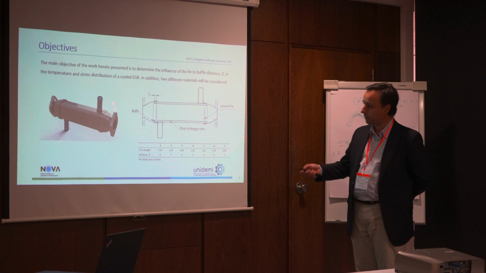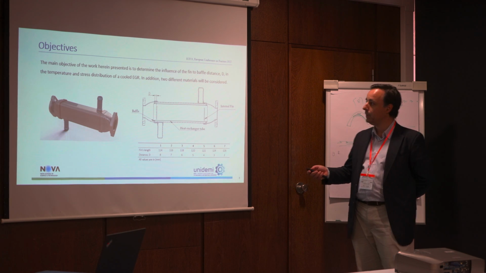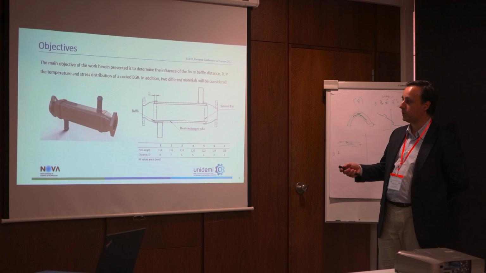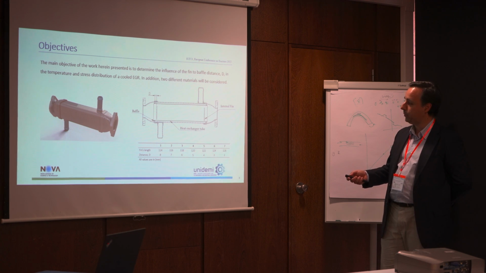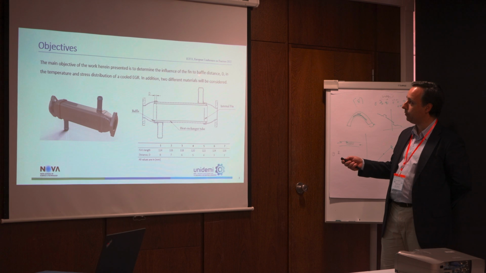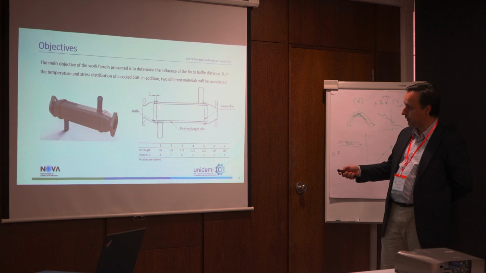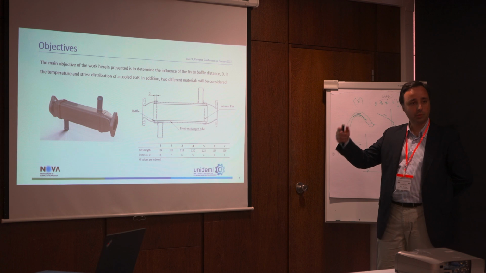On the left we can see the EGR, the exhaust gas recirculation system. Here you can see that the objective of the work is to determine the influence of the fin. The fin is this structure that is not present in this picture, but it will appear afterwards.